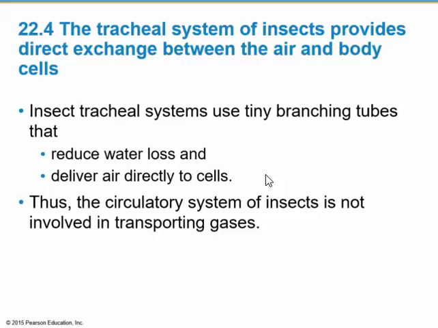And also deliver air directly to the cells. So there is no cell that's very far away from a tracheal tube or a branch of the tracheal tube. Now, insects do have a circulatory system, but it's not involved in gas exchange, simply in nutrient and waste exchanges with the cells.